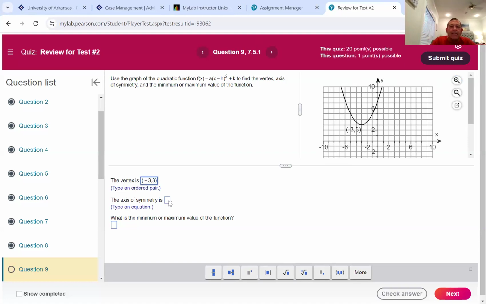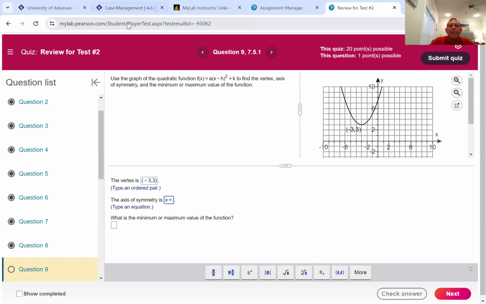Then the axis of symmetry. Watch what I do here, because remember, it says type an equation. Well, that's going to be x equals. So which number would I put for my axis of symmetry? X equals what?